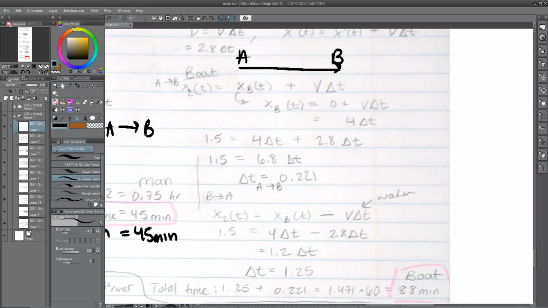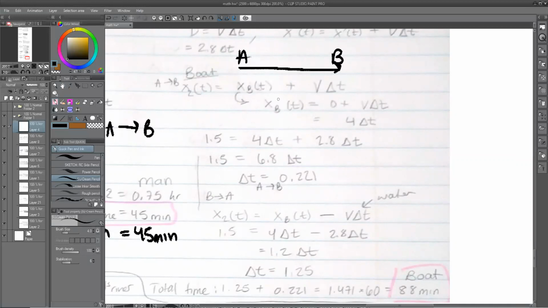So the x of t is equal to, we see here, x of b t, which is the initial velocity of just the boat. So b is equal to boat.